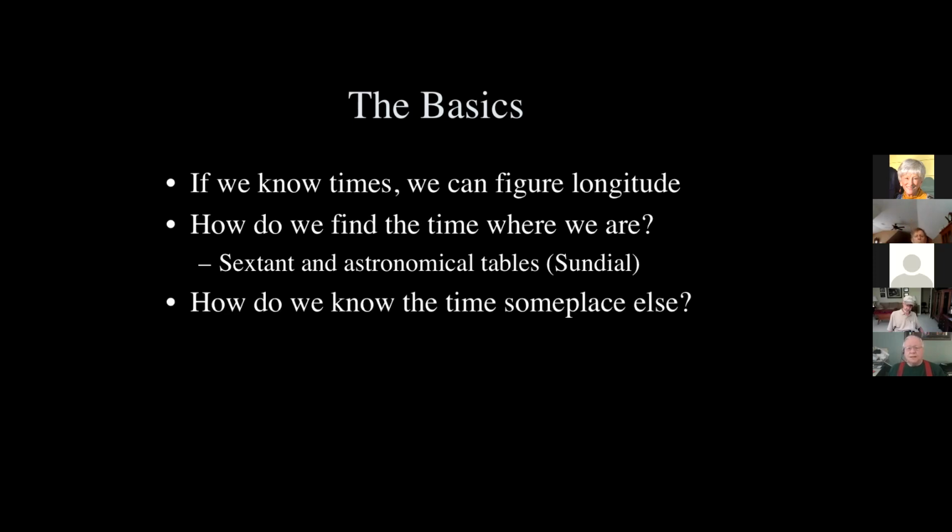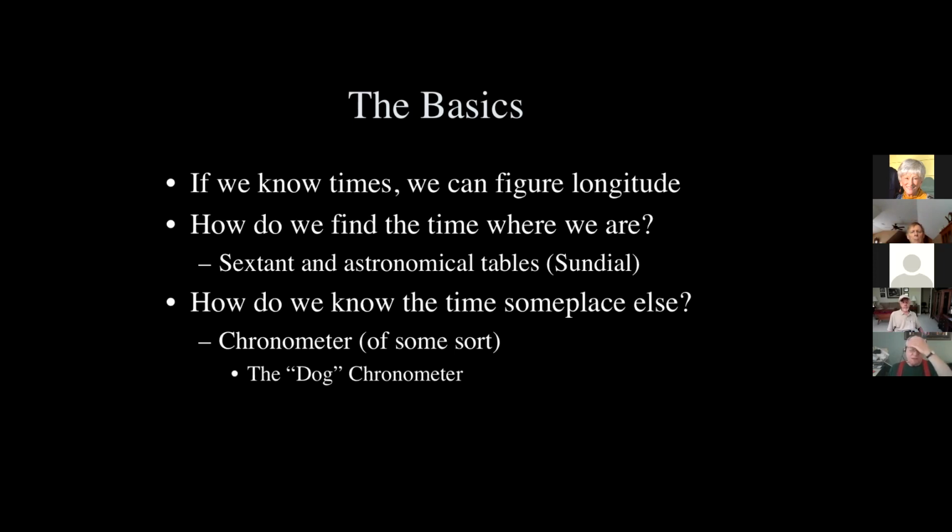So how do we know the time someplace else? That's the issue. And we need some sort of chronometer. And so a lot of different things were tried. Believe it or not, there was a thing called the dog chronometer. And if you can imagine this, there was a guy who said that he had a pair of puppies that were brothers.